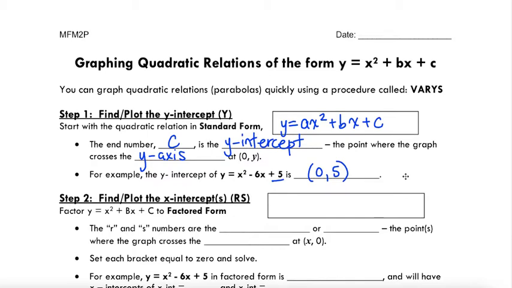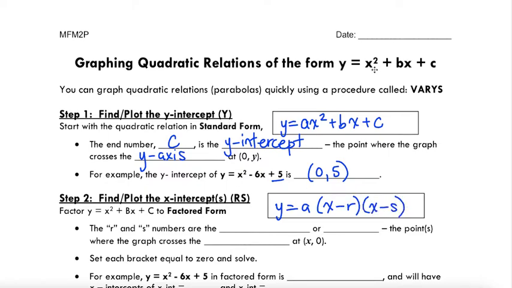In our previous unit, we learned how to go from a trinomial, x squared plus bx plus c, to a factored form, so two binomials multiplied together. This is important because the factored form of a quadratic relation is going to look like this: y equals a, x minus r, x minus s.